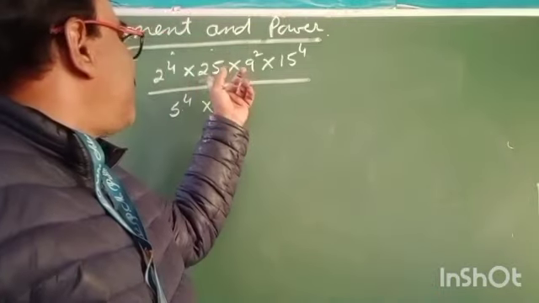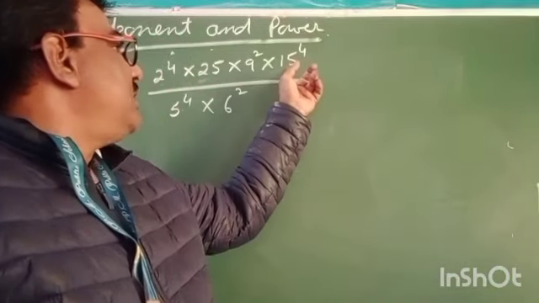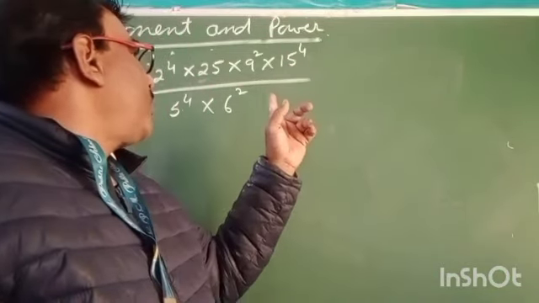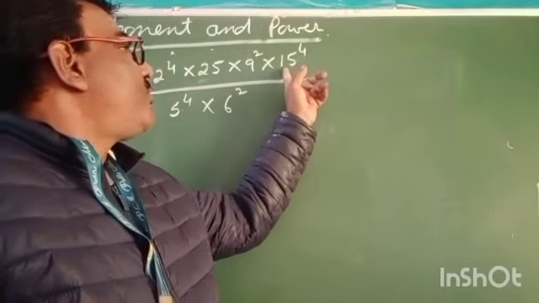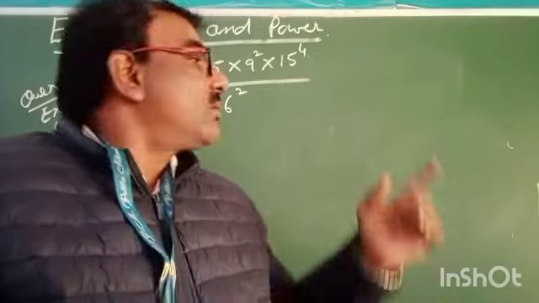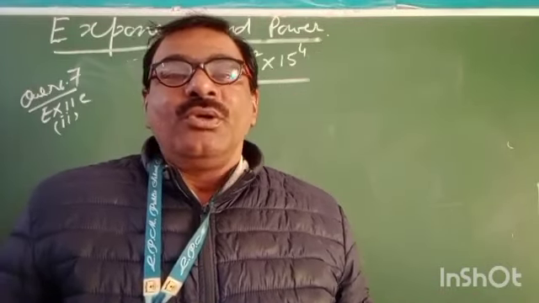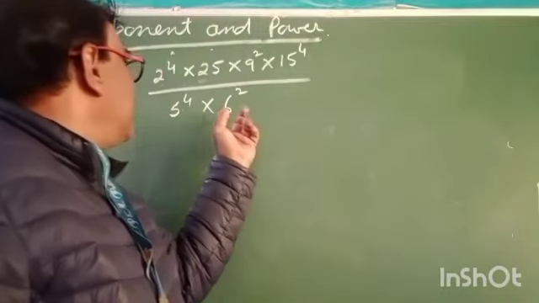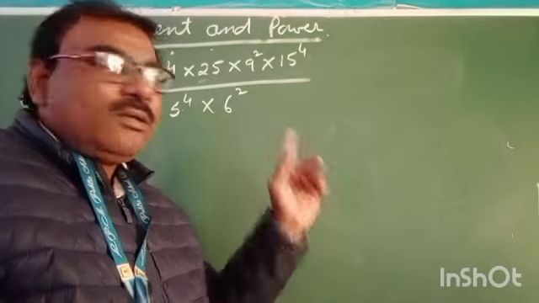Also here is 15 to the power 4, here is 5 and here is 6. So I will write 15 as 3 multiply 5, and 6 as 3 multiply 2 whole square.